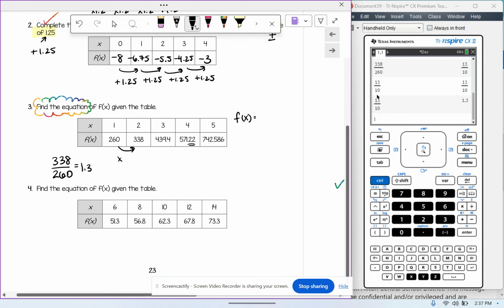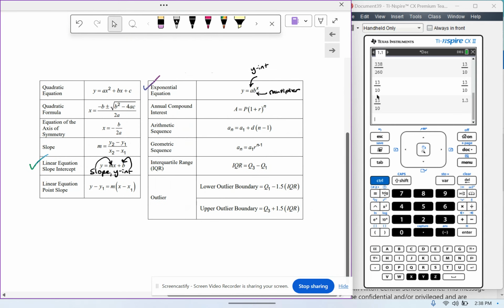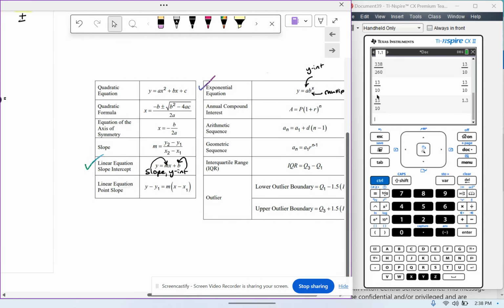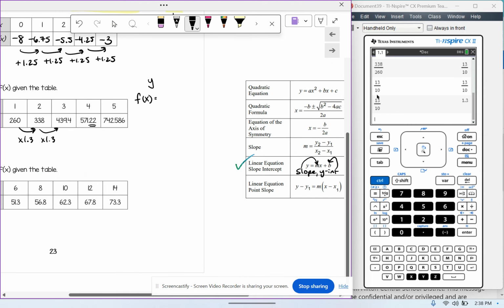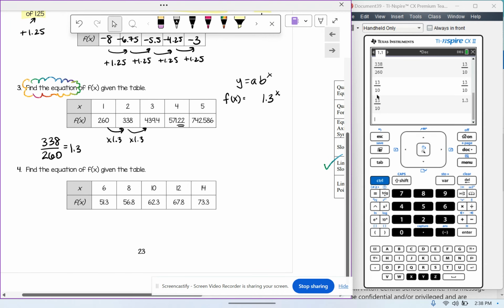To get from here to here, I multiply by 1.3. To get from here to here, I multiply by 1.3. The fact that I am multiplying every time tells me that this is going to be an exponential function. So I'm going to copy y equals a times b to the x and match that structure there. So my multiplier is 1.3. I have to put the exponent of x, that makes it exponential, and then I have to figure out what the starting value is. I need to back my table up to 0 in order to get that starting value.